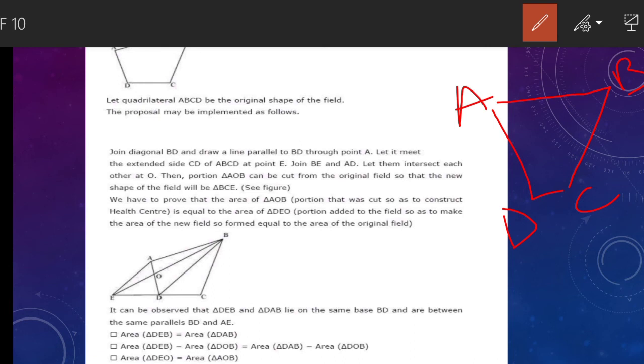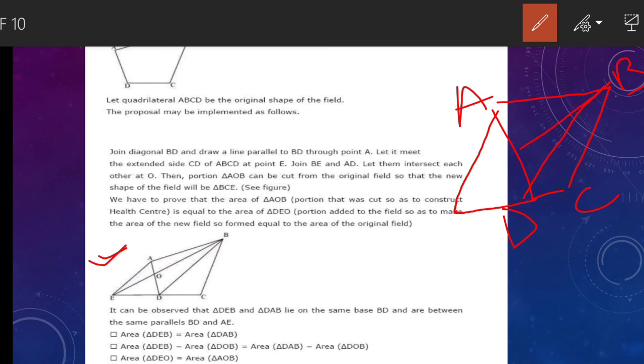So we have to join BD first and draw a line parallel to BD through point A. Let it meet the extended CD at E. So we have a figure like this.